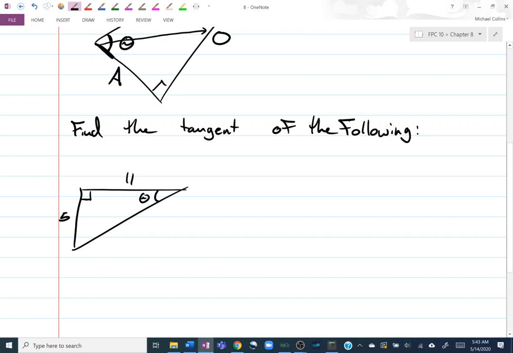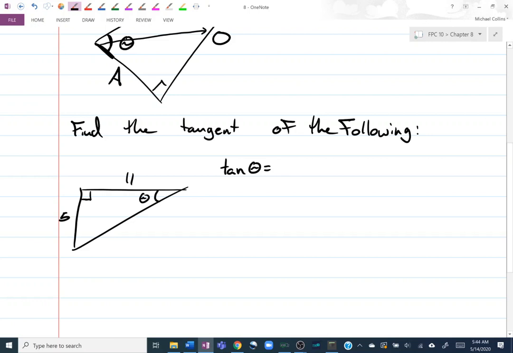And so now you have to find out what the tangent of that theta is. Tangent is frequently shortened to tan, just about always. And what I'm saying is I'm going to find the tangent of that angle, theta.